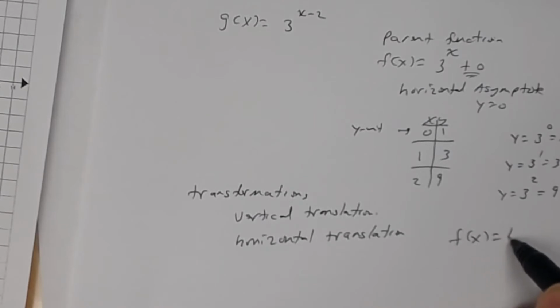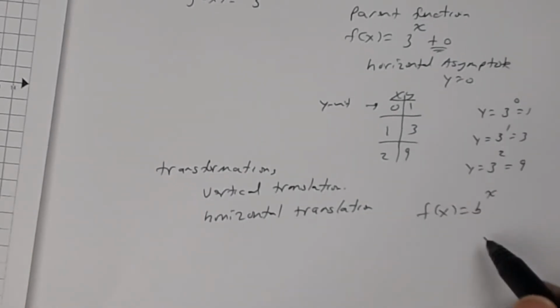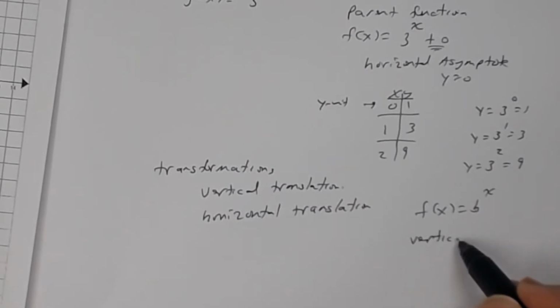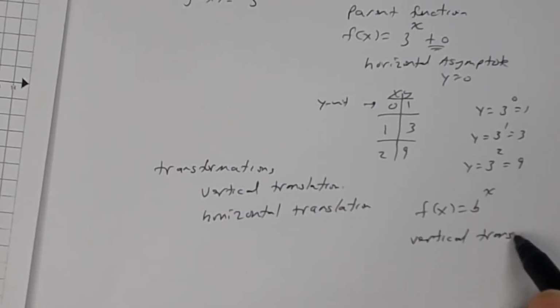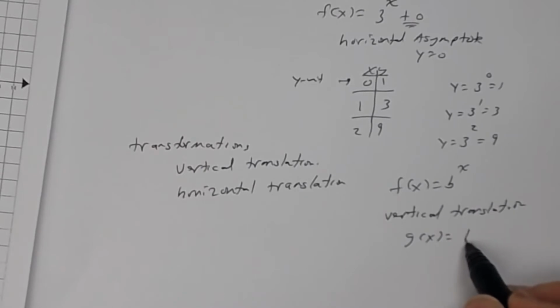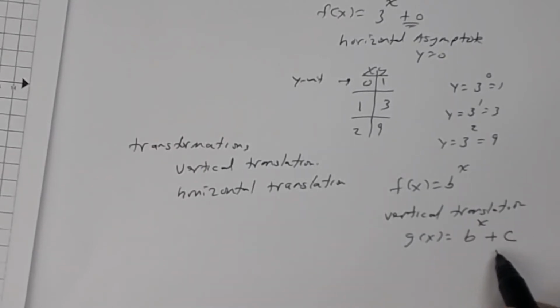So this is my parent function, b to the x. Remember, this is kind of review. For a vertical translation, if your function g of x is your parent function and you're adding a number, I'm going to put plus c for right now, the number is on the outside. And remember, if c is positive, you're translating up c units.